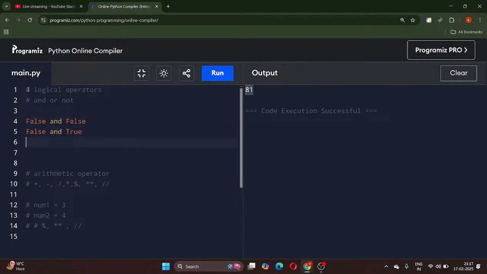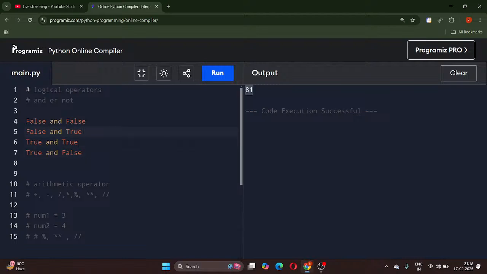Another set could be that both operands are true, so true and true. Then the last set could be true and false. So these are the four possibilities that you can give as input to the AND operator. Now let us print the output.